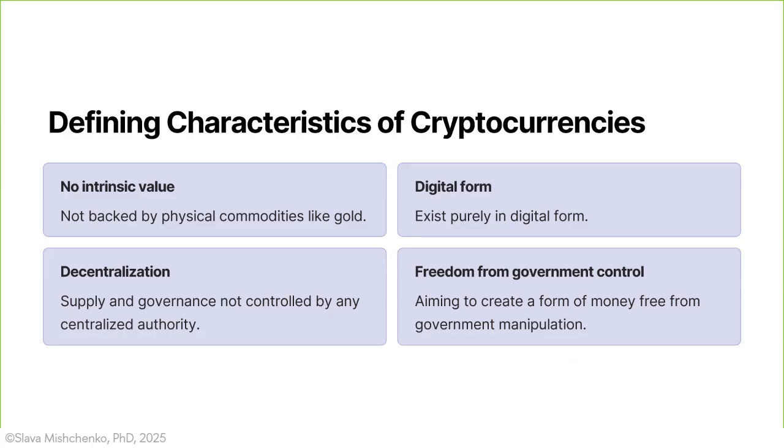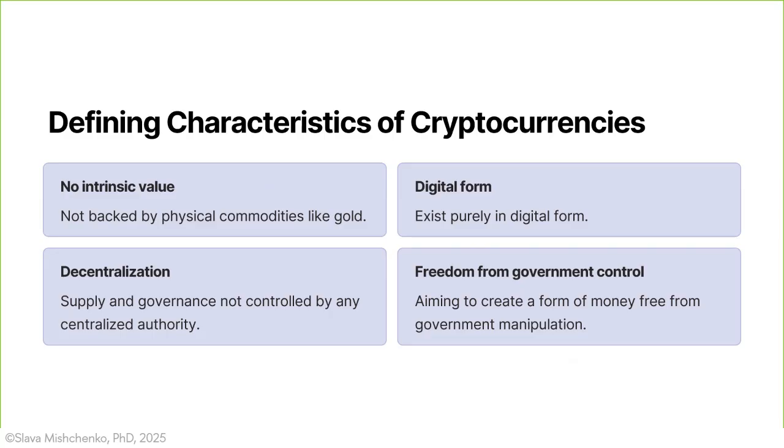And what I find particularly revolutionary in this case is the concept of decentralization. When I worked, for example, in traditional banking, every transaction had to go through multiple layers of centralized control. But with cryptocurrencies, the supply and governance are completely decentralized.